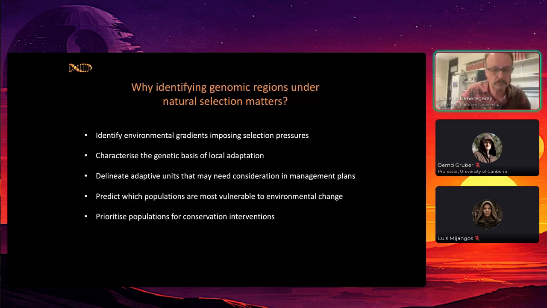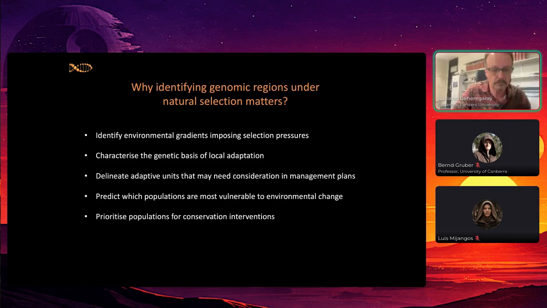But I was basically talking about the importance of identifying regions of the genome under natural selection. I was mentioning the importance of characterizing adaptive units for conservation. They might be important in the development of specific management plans, especially if you're in a scenario where you can predict adaptive capacity to future conditions, especially, for instance, climate change, something I'm going to talk a little bit about.